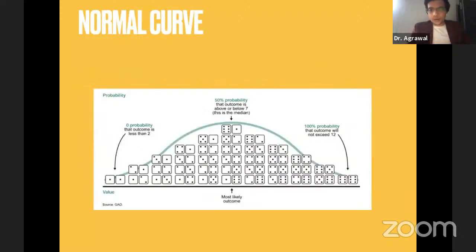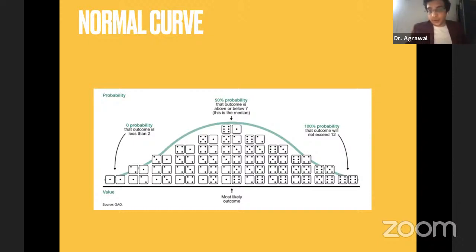This is something called a normal curve, where the center is basically a median where you have 50% probability that the outcome is above or below a 7. So if you roll 2 dice, the chance of you getting a 7 is the highest, right? Because there can be multiple numbers associated.